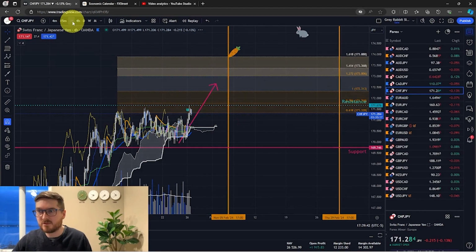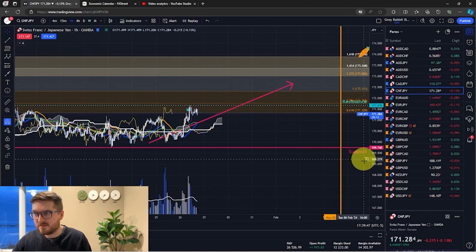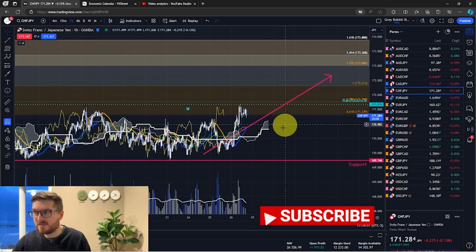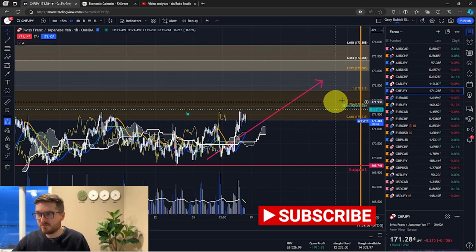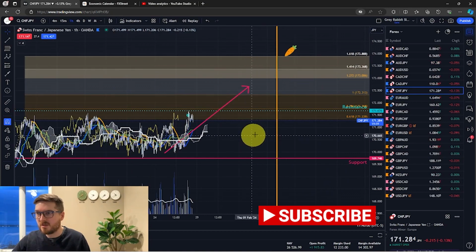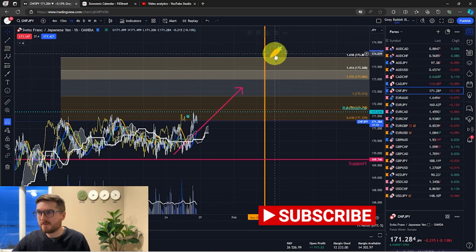But if we look at the 1-hour chart, you can see that we're starting to form a trend on the 1-hour. And so I'm going to be monitoring this pair. I got it marked blue. I'm waiting for price to break this resistance level here. And then, if I decide to take a trade, hopefully targeting up here. So this would be my target.